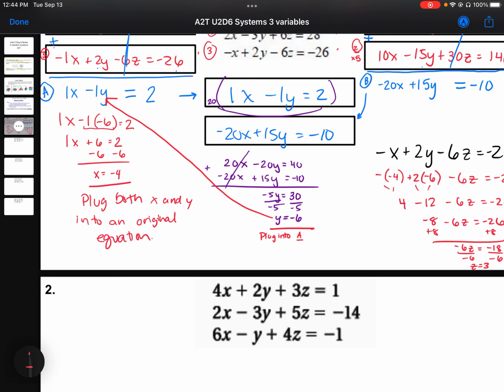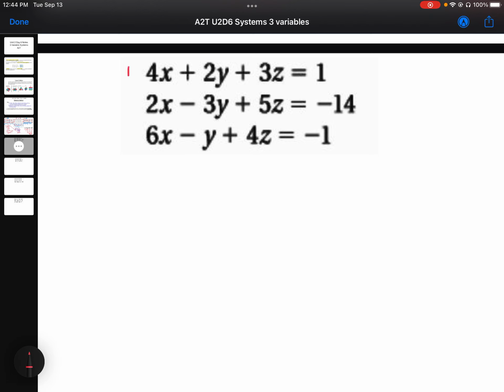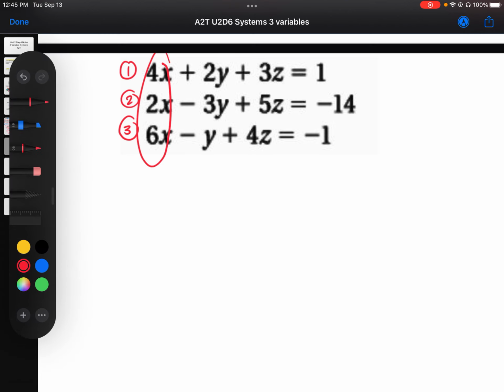Let's try another. So I'm going to number these, equation 1, 2, 3. All right, so we get to decide what we want to eliminate, x, y, or z. Whatever we pick, we have to stick with. So I'm noticing right now that all of these x values are all positive.